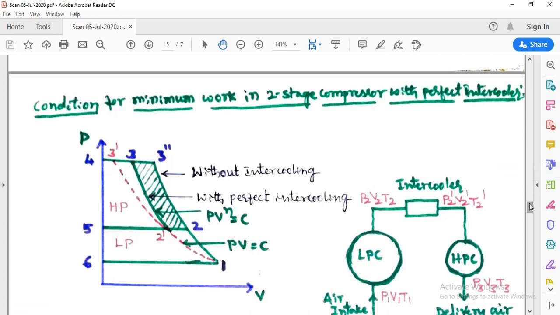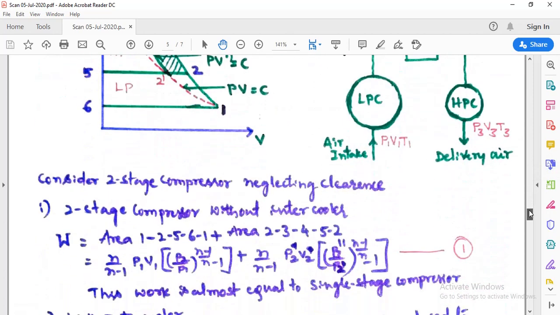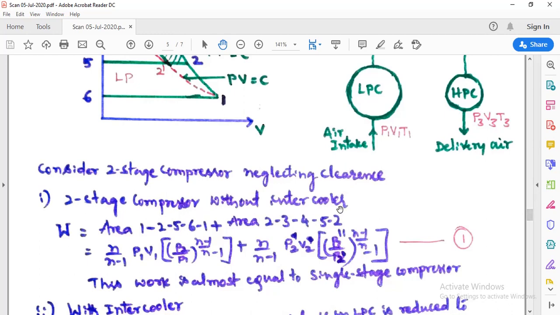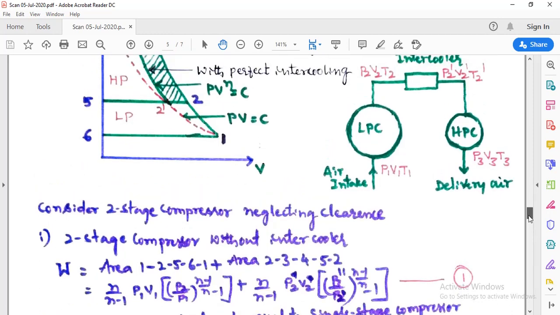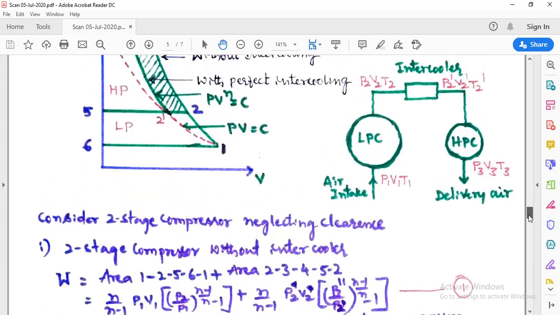So we can write the equation for the two-stage compressor without intercooler. See, W, the work done per cycle, is equal to area 1, 2, 5, 6, 1, which is the work done in the LP cylinder, plus area 2, 3 double dash, 4, 5, 2.